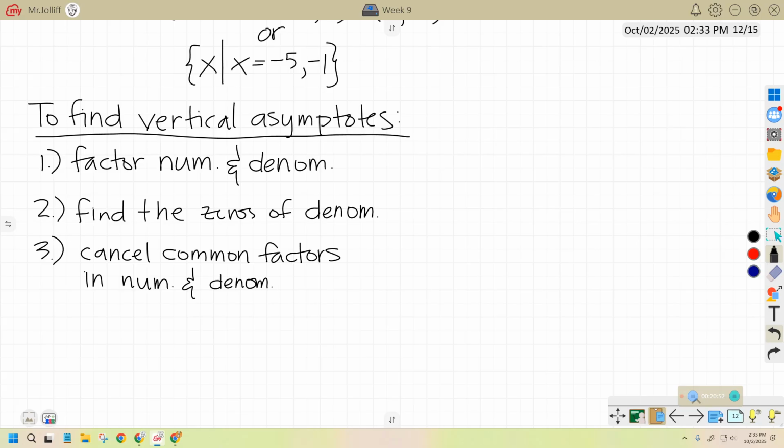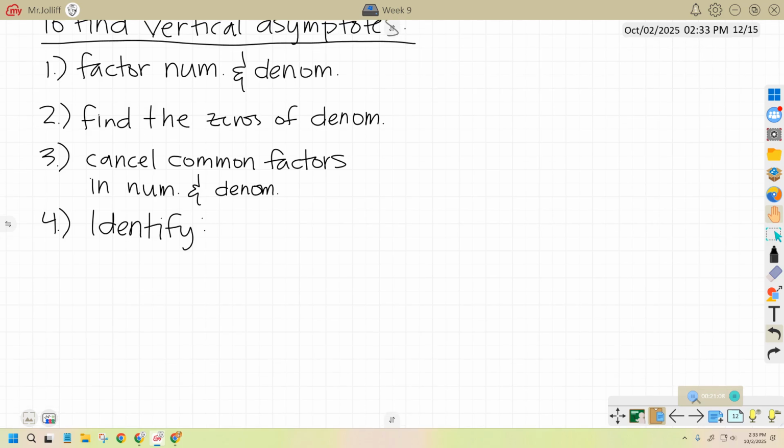And at this point, I can now identify my asymptotes and my holes. In my reduced rational function, any zeros that are still in the denominator form vertical asymptotes.